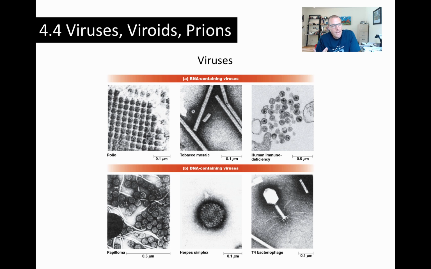Like we said, they're chemically pretty simple. You're going to have an outer coat of protein called the capsid, and that's going to surround the nucleic acid, and those are called naked viruses. Some viruses have a lipid bilayer which is derived from the cell they infect, and those are called enveloped viruses. So HIV is an enveloped virus.